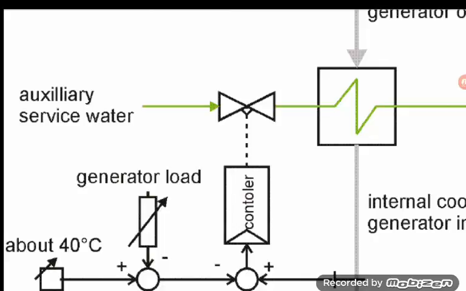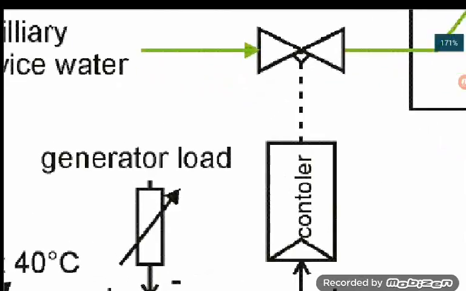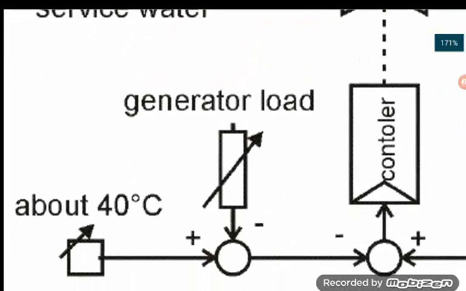What is this here? The generator load. Why is this coming into this control loop? If the generator load increases, you must increase cooling. Yes, the generator load affects the temperature of the hydrogen. Because when you increase the generator load, the dispatcher calls you and says, I need more active power of your power plant.